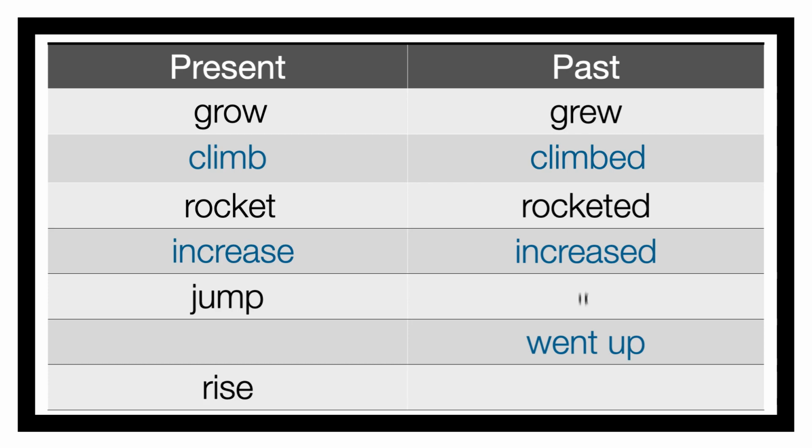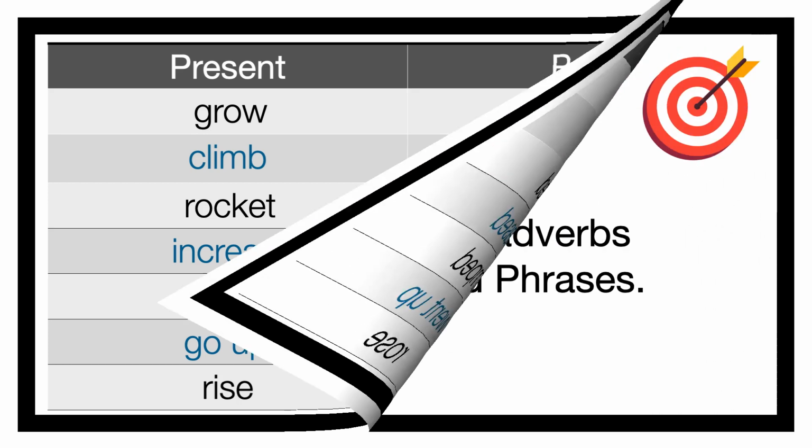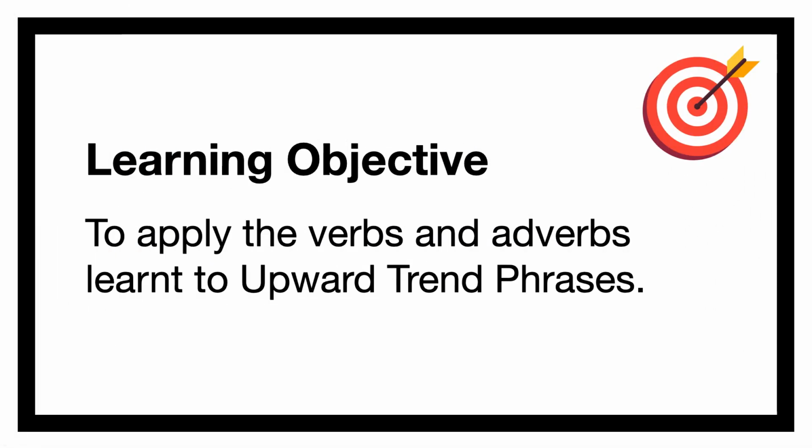Jump, jumped. Go up, went up. Rise, rose. Now let's take a learning objective, which is to apply the verbs and adverbs we've learnt to upward trend phrases.